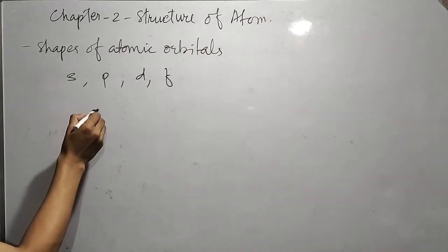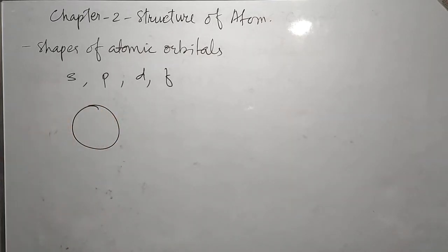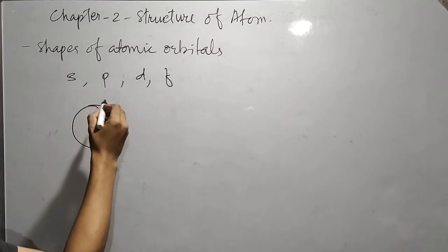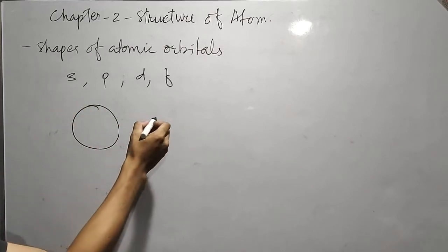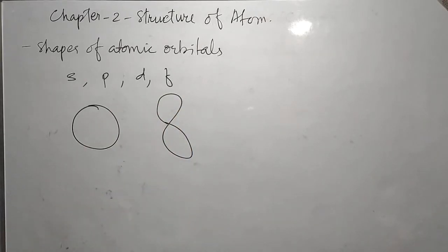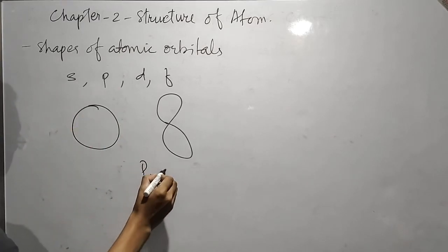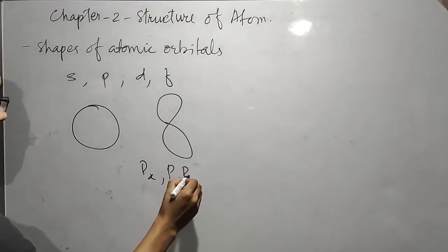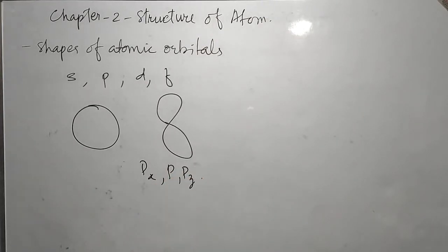The shape of s orbital is spherical. The shape of p orbital is dumbbell. In p orbital there are three orientations, that is px, py, and pz.